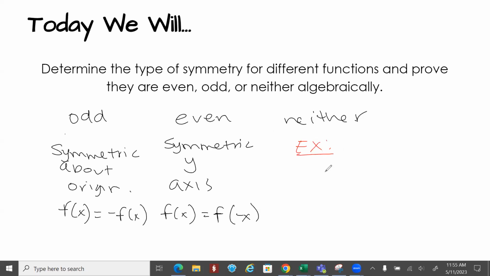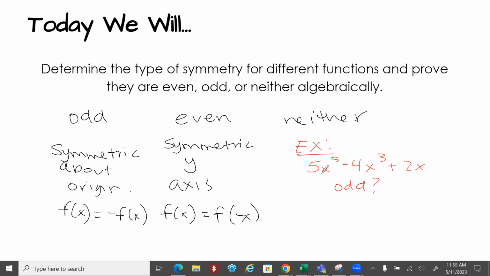Example. Okay, if I have 5x to the 5th minus 4x to the 3rd plus 2x, and we're trying to see if this is an odd function, what we're going to do is plug in negative x into the equation and see if we get this at the end.